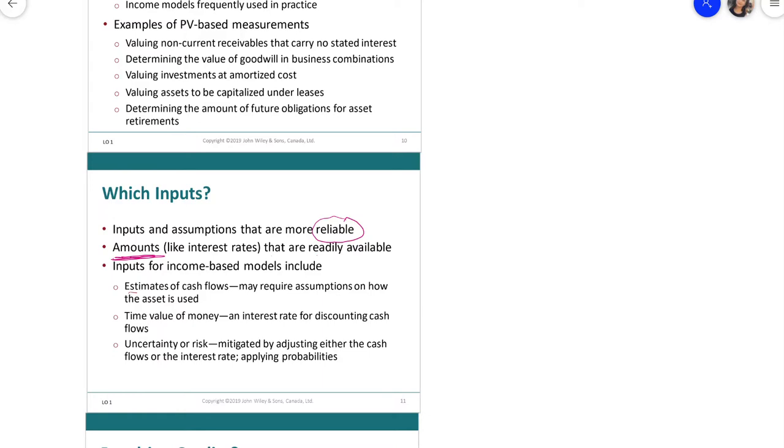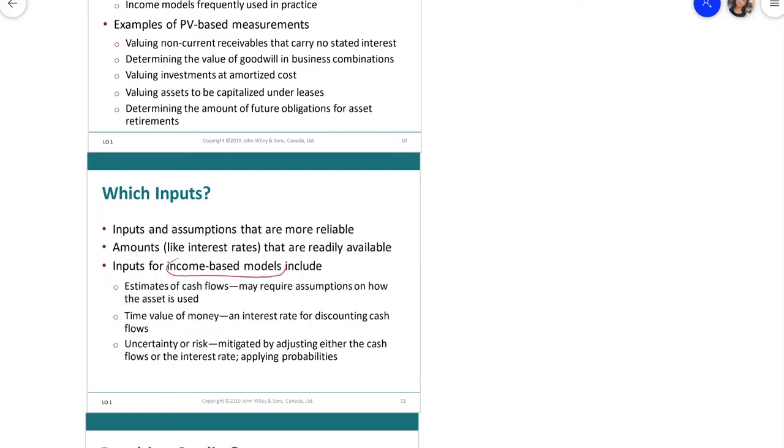Sometimes we estimate the cash flow. An estimate of a cash flow may require assumptions on how this asset is going to be used. Sometimes we use the time value. Our input base will be the time value of money, and sometimes an input for income-based models may include some kind of uncertainty.